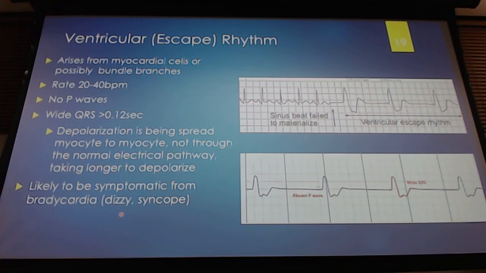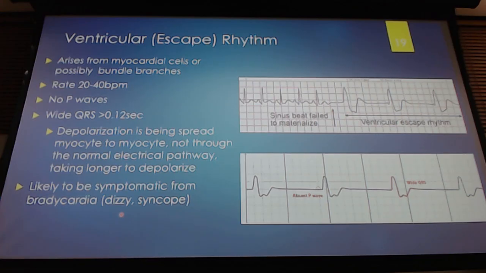All right. If somewhere around the junctional area fails to fire, our next fail-safe area for pacemaker responsibility is going to be the ventricles. Again, you can have a ventricular rhythm by itself, or you can have a ventricular escape rhythm.